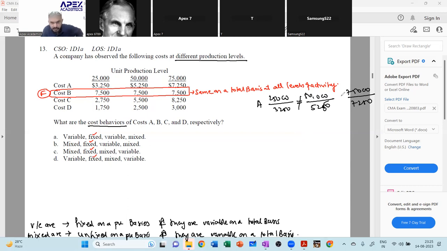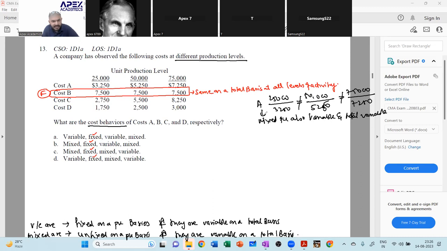So these two are not equal. Obviously, these two also will not be equal. 75,000 divided by 7250 gives me 10.34. So this was 7 point something, this was 9 point something, and the last is 10 point something. So they are not equal. So this cost on a per unit basis is also variable and in total also it is variable. Therefore, A is outrightly a mixed cost.